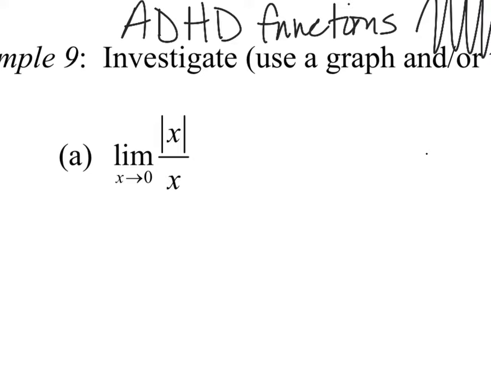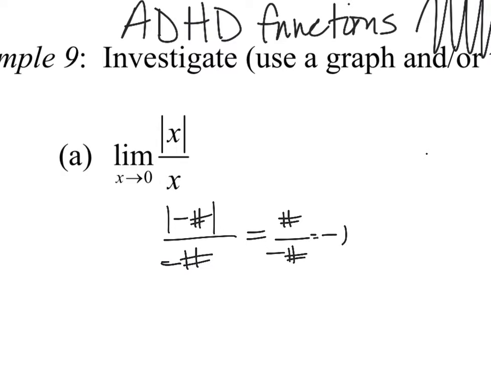Okay, do you know what this graph looks like? If you plug in a negative number, any negative number, divided by that same number, it's going to be a negative number on top and a negative number on bottom. The absolute value of that negative number is just that number, positive. On the bottom, you get a negative number. So a positive number divided by a negative number is negative 1.